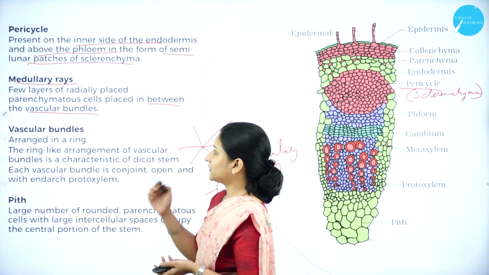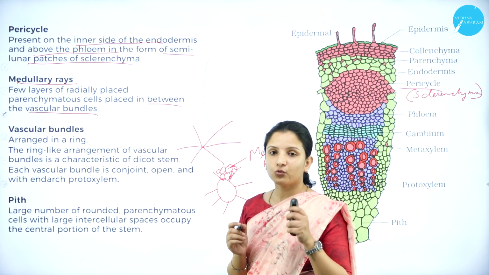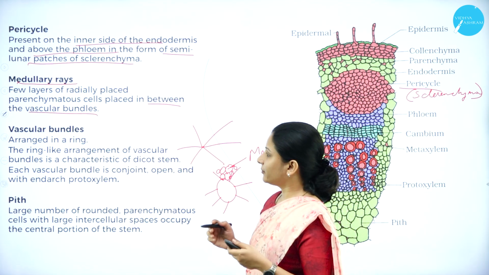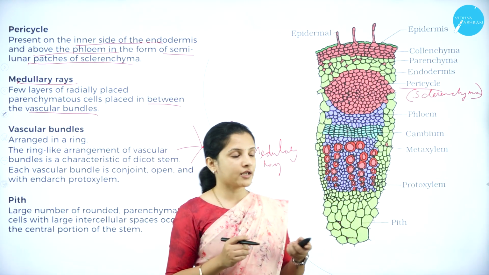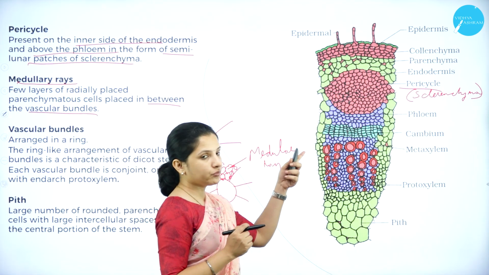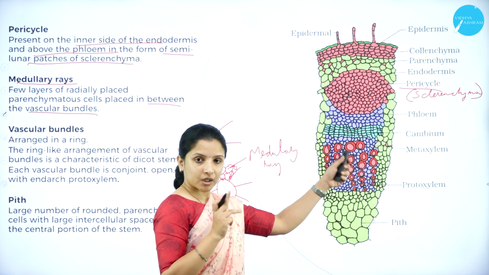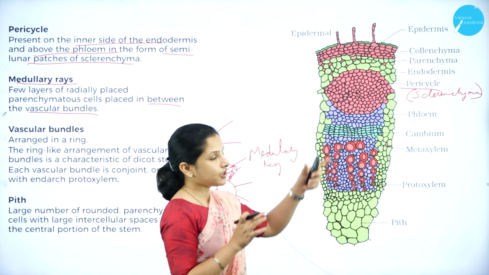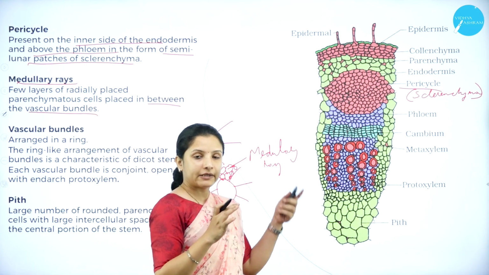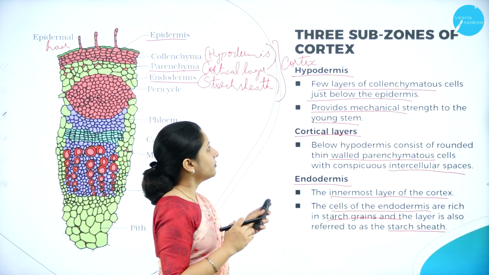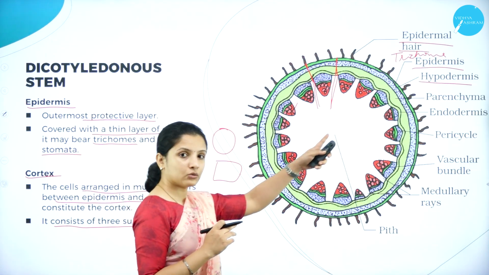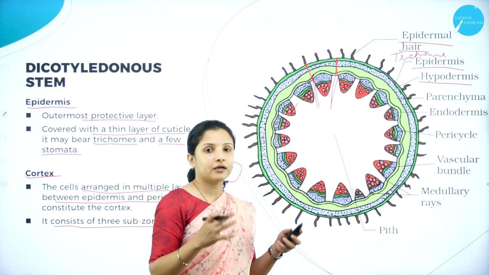So next, after the medullary rays, there comes the vascular bundle. Vascular bundles are usually arranged in a ring. By looking at this diagram, you might wonder how I can say that they are arranged in a ring. Remember, I told you this is only a small portion of the diagram. This is how the actual stem looks entirely under the microscope.